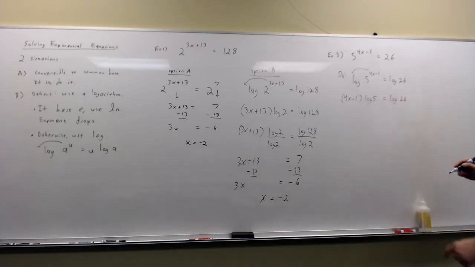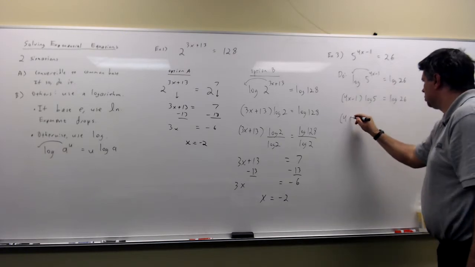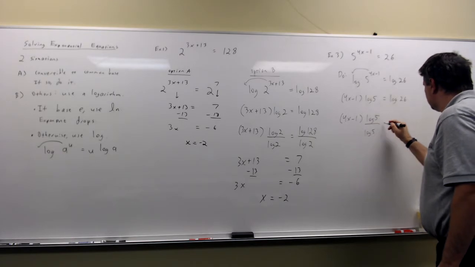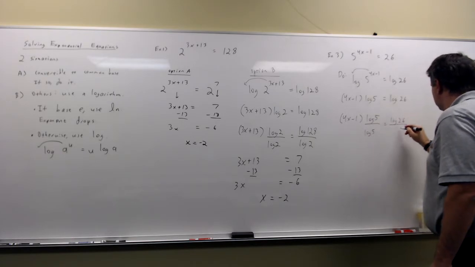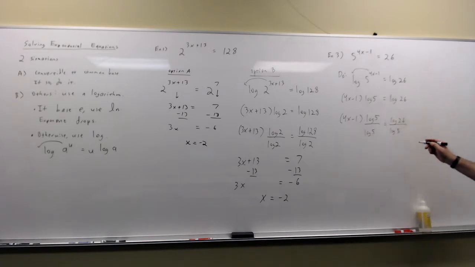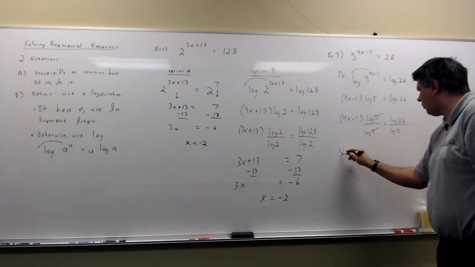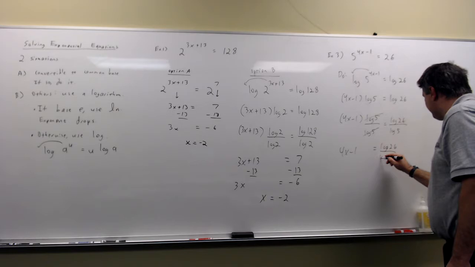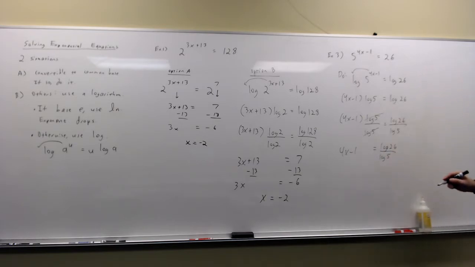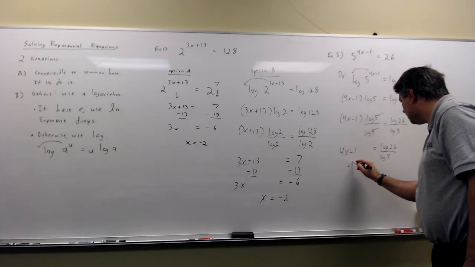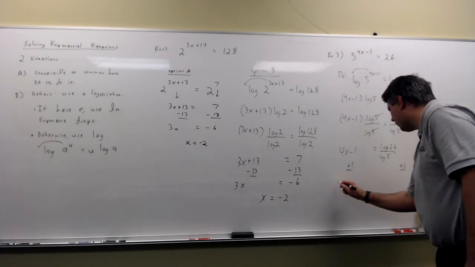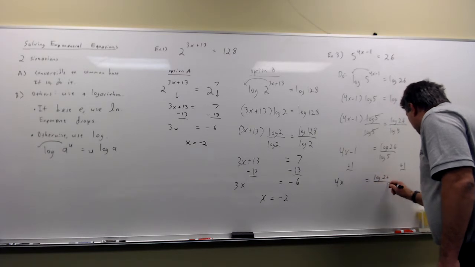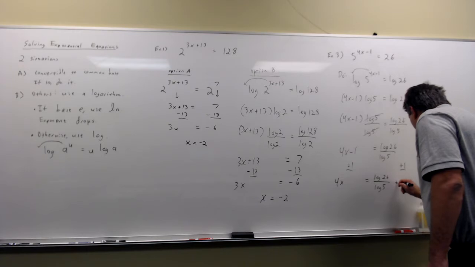And then we're going to divide off the log on the left side. Cancels over here. We have 4x minus 1 equals log 26 over log 5. Okay, and then we're going to add 1. So I'll have 4x equals log 26 over log 5 plus 1.